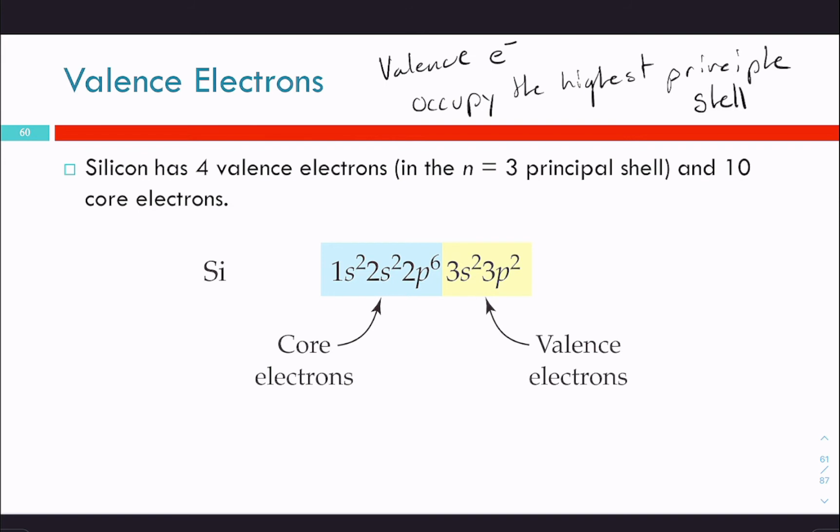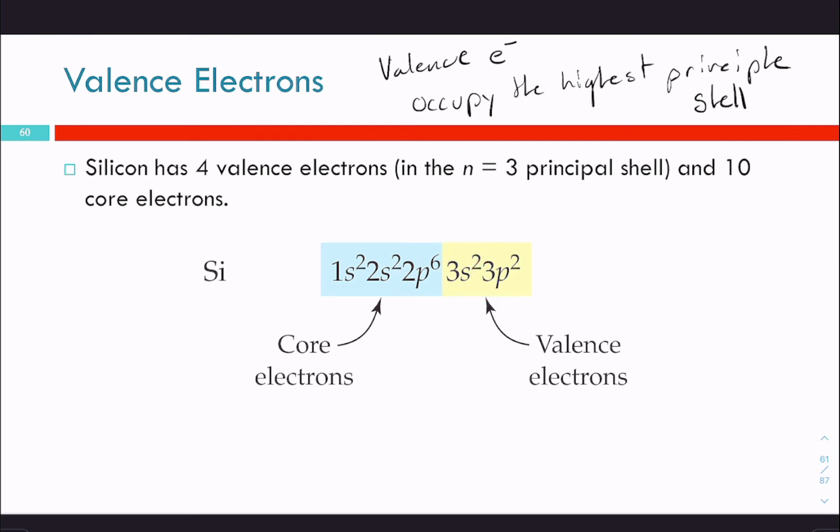So remember, our principal shell is the number that's in front of the S or the P. So this one is 1s, so it's in the first principal shell, which is the most inner shell. Outside of that, we have 2s and 2p, but those are still inside of the 3s and 3p.